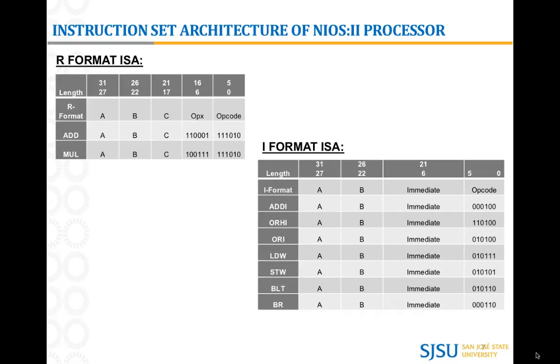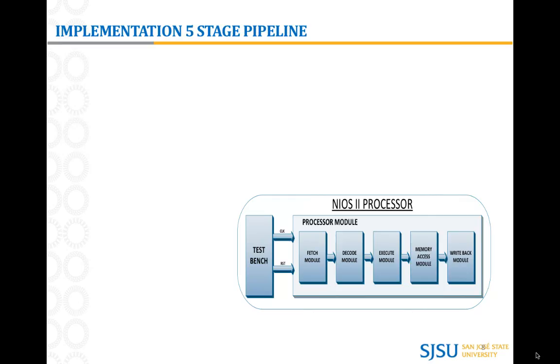I format of ISA: you can see 31 down to 27 A, 26 to 22 B, 21 to 6 immediate, and 5 down to 0 is the opcode. Below the I format you can find add immediate or ORI, load word, store word, BLT, and the branch instructions as well.